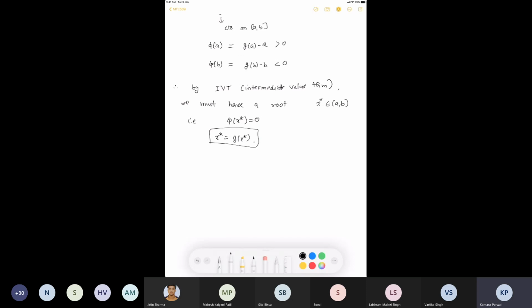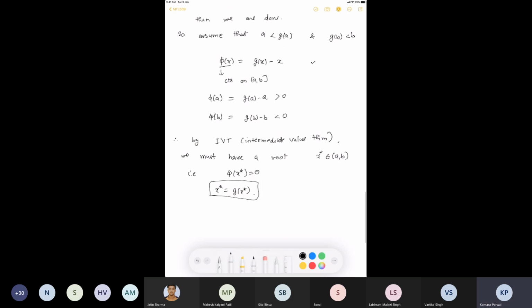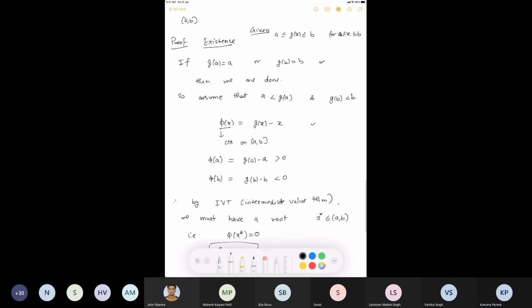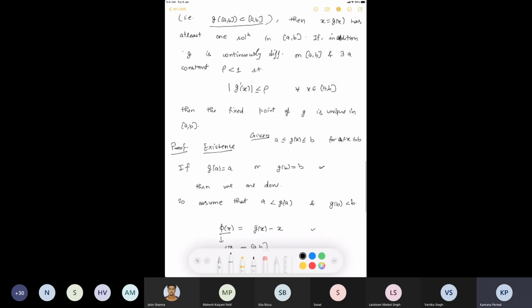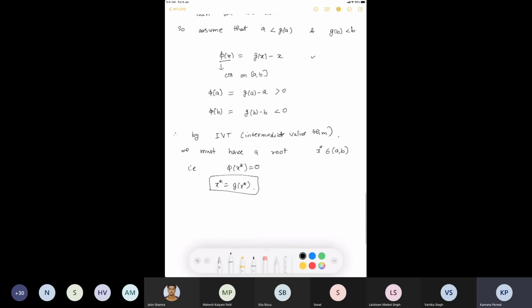So we have found one fixed point of G in the interval [a, b], just using the condition that the function G is taking the interval [a, b] to the interval [a, b]. Now let's try to argue the uniqueness part.